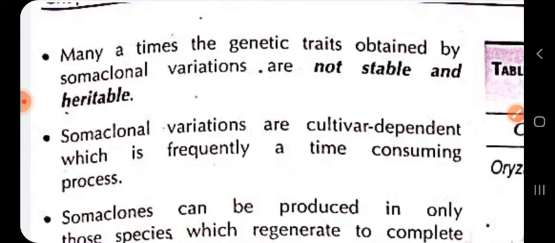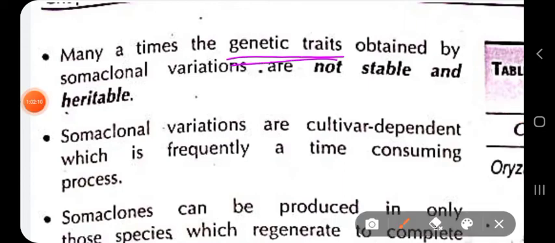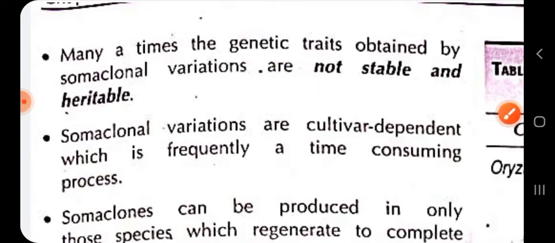So the characters that we get from somaclonal variation may not be stable or heritable. That's a big problem. If it is not heritable, then we have to invest money and all our labor for obtaining that type of variation, which we may not get next time.